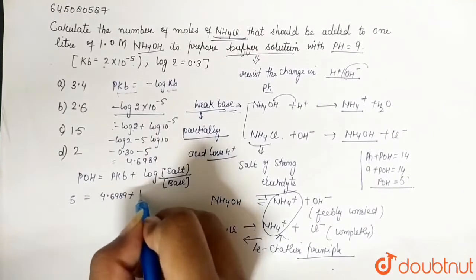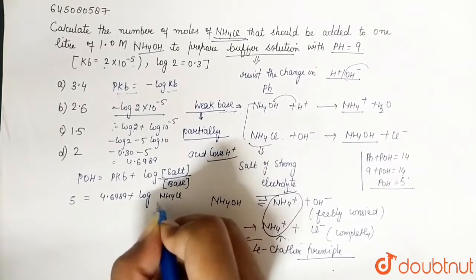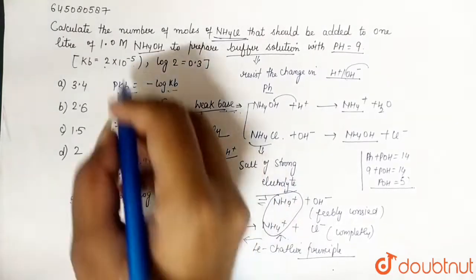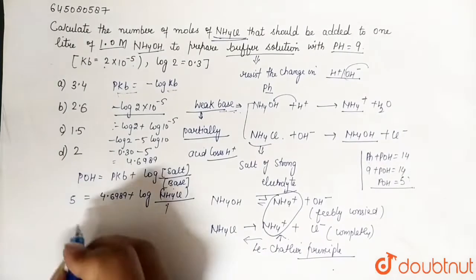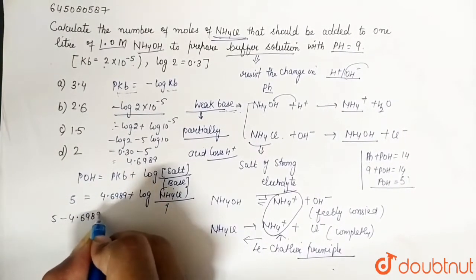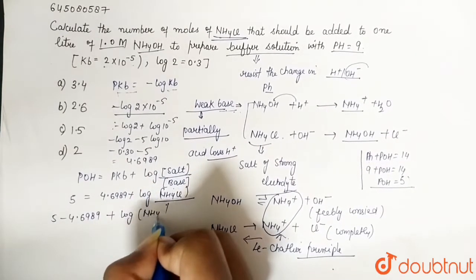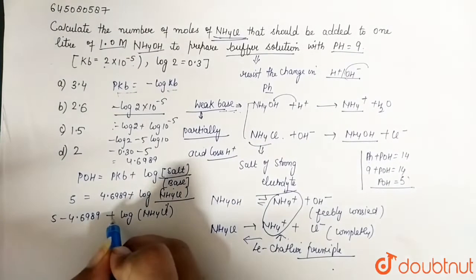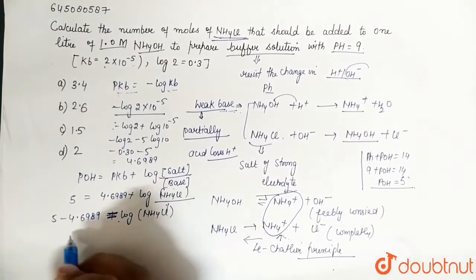Now we can put it over here: 4.6989 plus log of the salt, that is the NH4Cl concentration, and the base, that is the NH4OH concentration, which is given in the question as 1 molar itself. Now we need to find the number of moles of this.